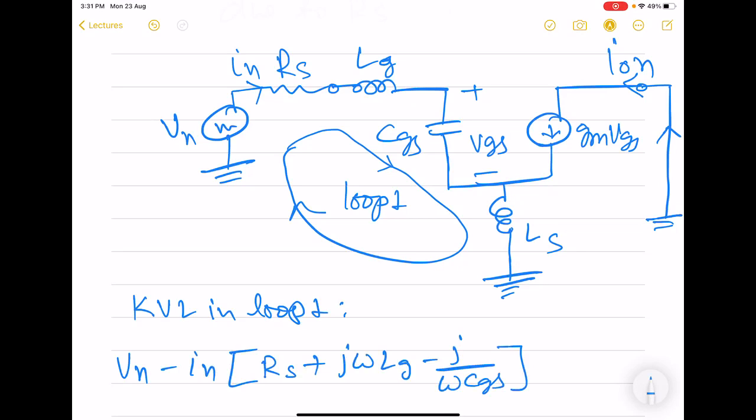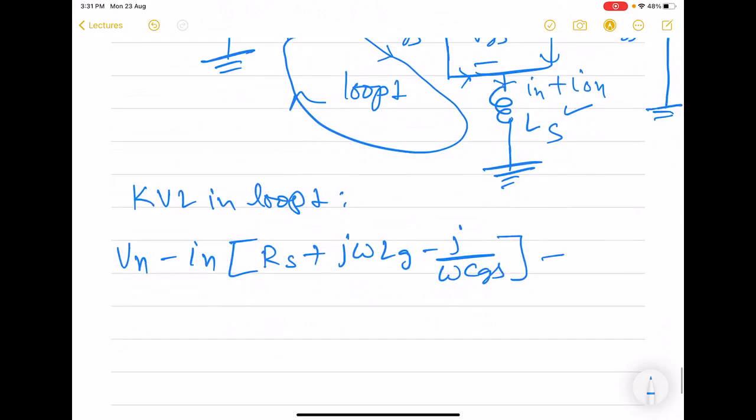This IN current flows through these three elements, Rs, Lg, and Cgs. But through this Ls, there will actually be two currents flowing, one from the left side, that is In, the other from the right-hand side, which is ION. So for this term, we will have to write minus In plus ION into j omega Ls is equal to 0.